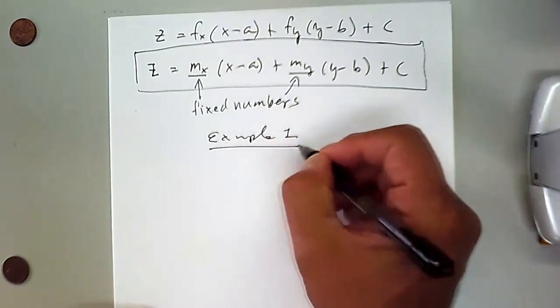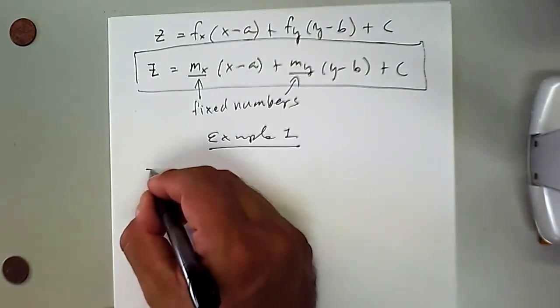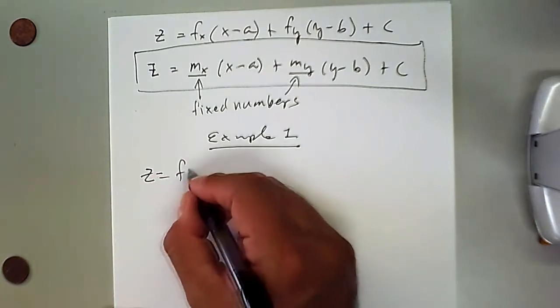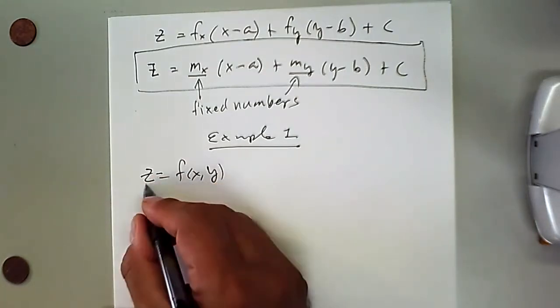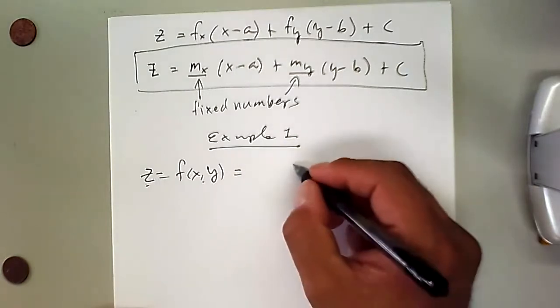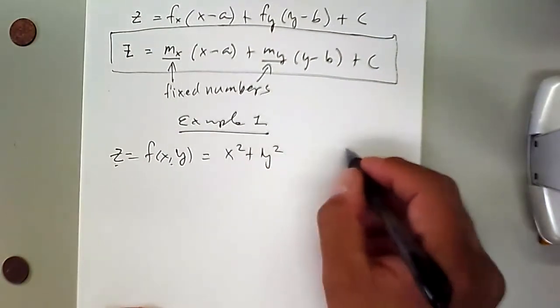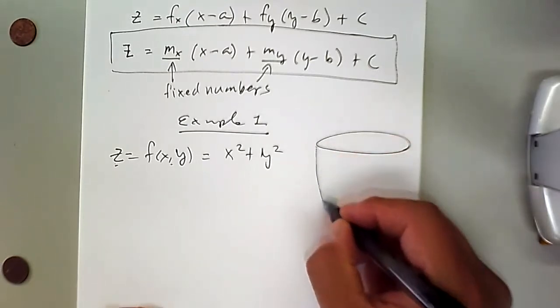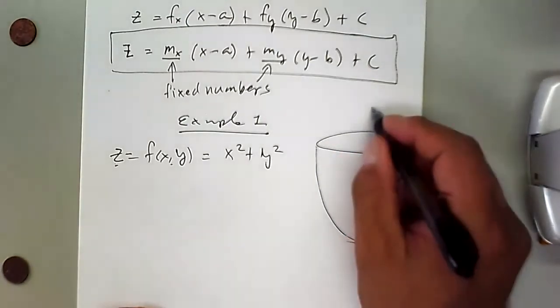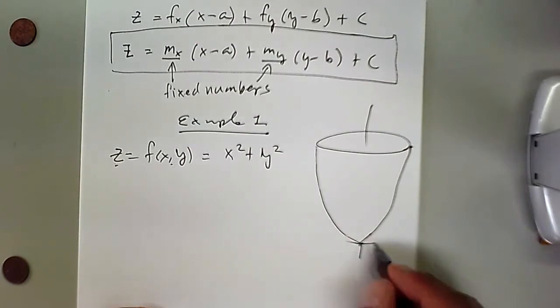Example 1. Let's say you have z equals, which is the same thing as f of x, y. Sometimes I'll write it as z, sometimes f of x, y, same thing, but x squared plus y squared. So we got a nice paraboloid, very symmetric paraboloid. There's the y-axis, the x-axis, and let's focus on a point 3, 4.